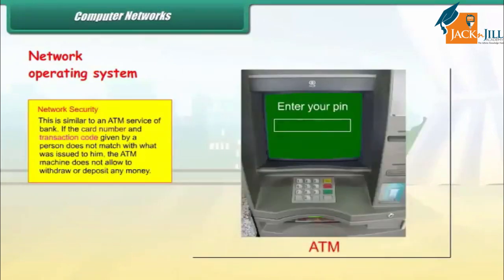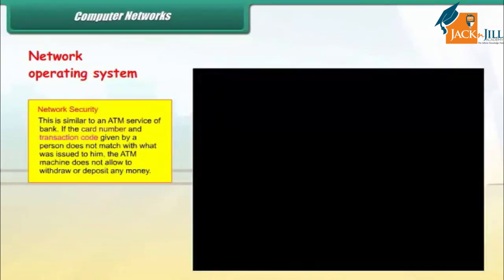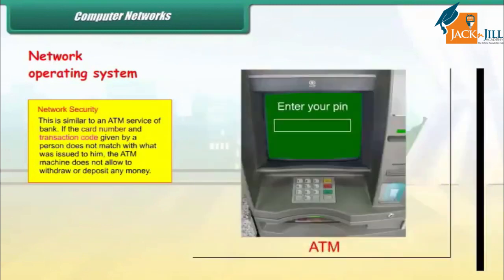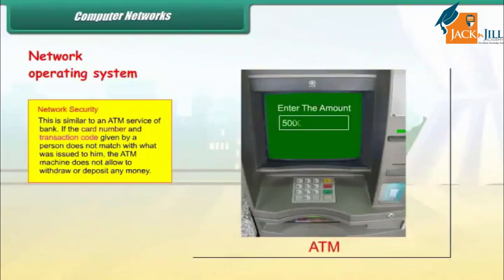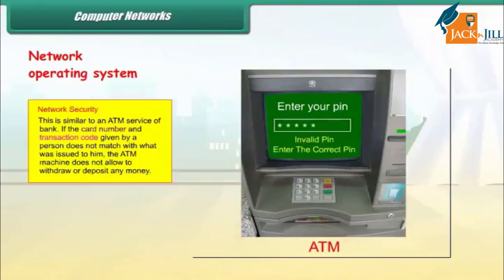This is similar to an ATM service of a bank. If the card number and transaction code given by a person does not match with what was issued to him, the ATM machine does not allow him to withdraw or deposit any money.